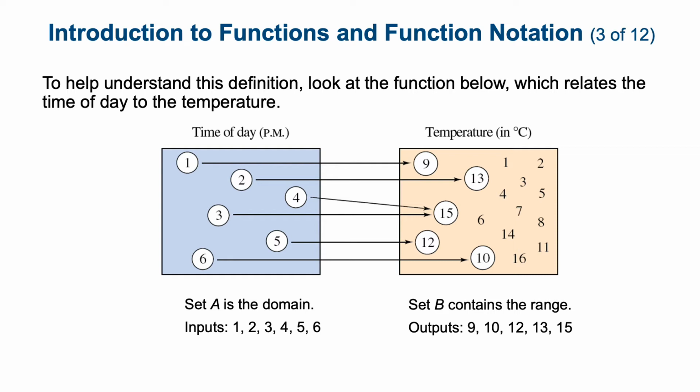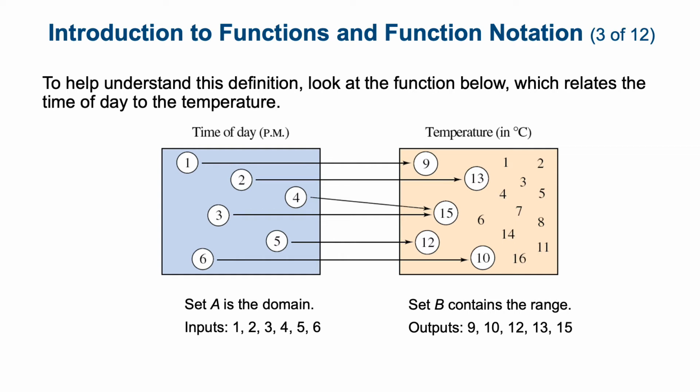The time of day is 1, 2, 3, 4, 5, 6 p.m. That's the domain. Our inputs are just the hours 1 through 6. And the temperature is in Celsius. Wow, this is really cold. We have 9, 13, 15, 12, and 10.